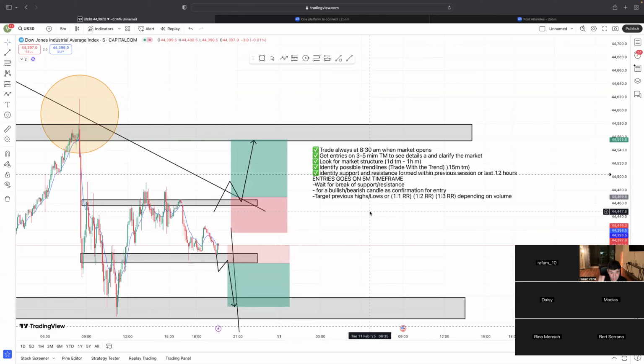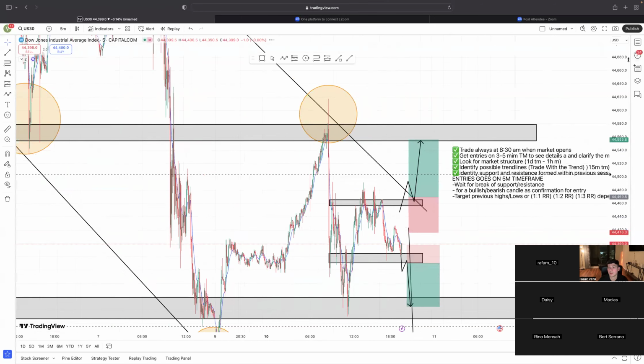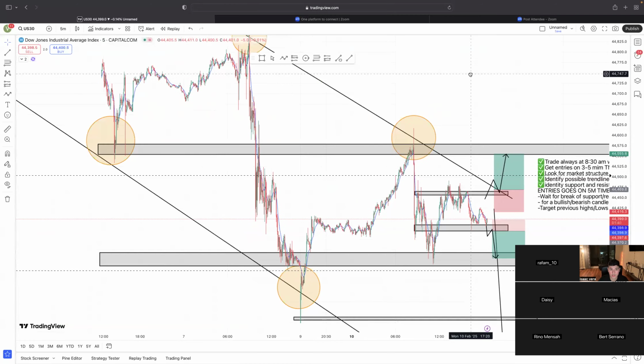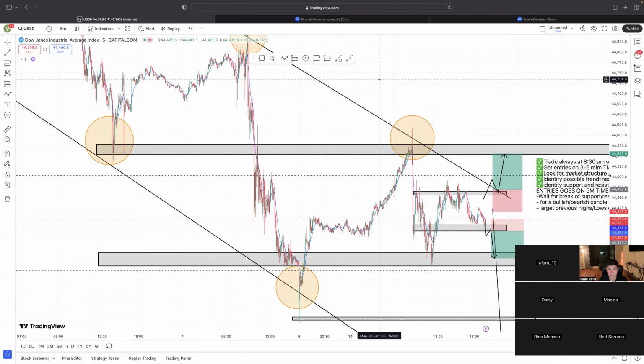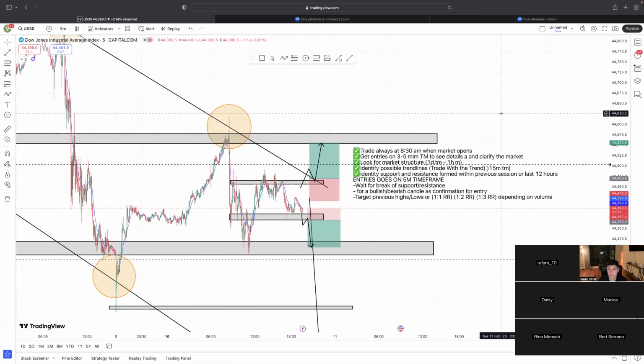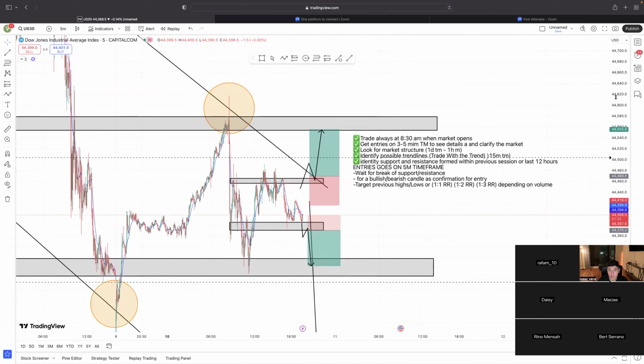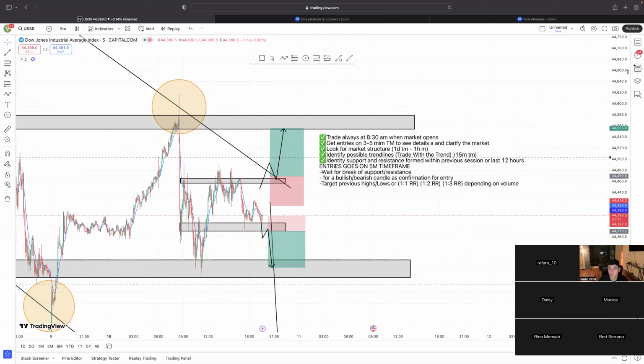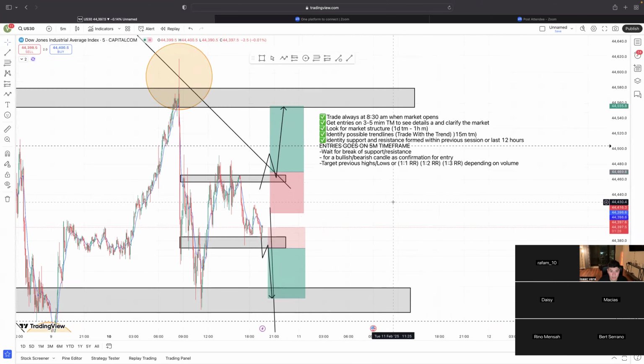The third thing is identify possible trend lines. And the trend lines, you look for them on the 15-minute time frames. And the same as the support and resistance, which is basically what we did right here. These are the trend lines formed in the 15-minute time frame, and these are the support and resistance on the 15-minute time frame. And then I go to the 5-minute time frame, which is the time frame I'm currently at right now.